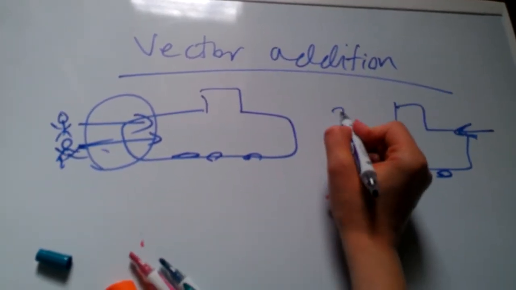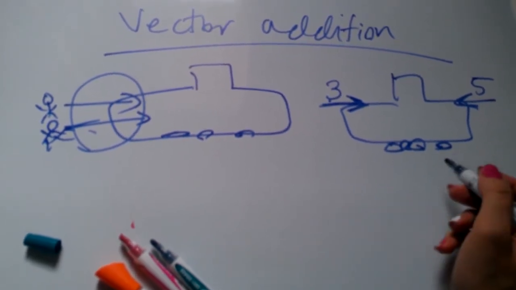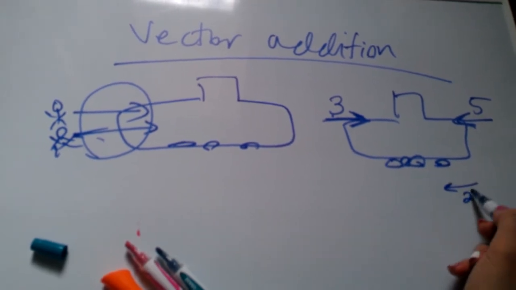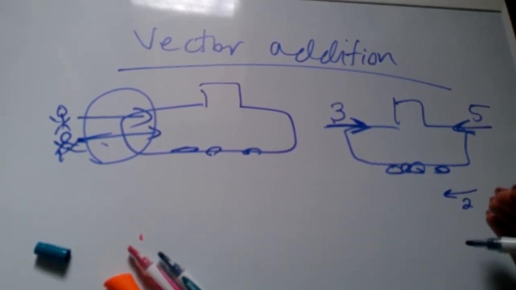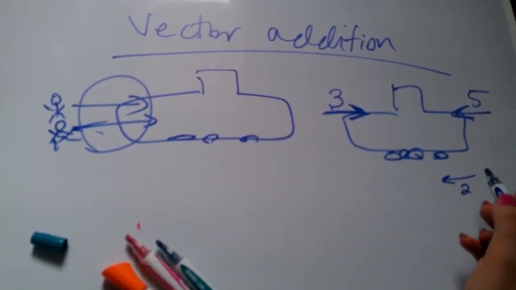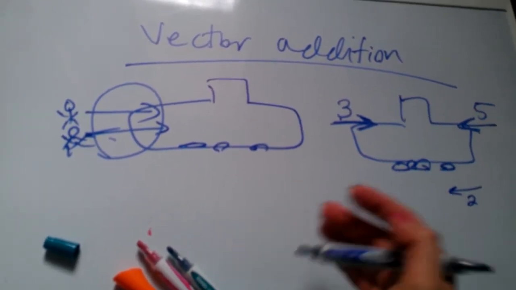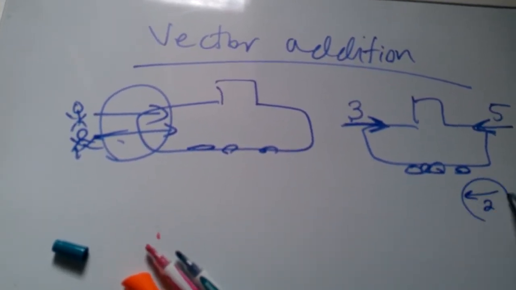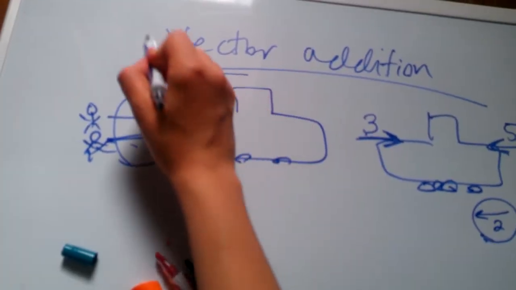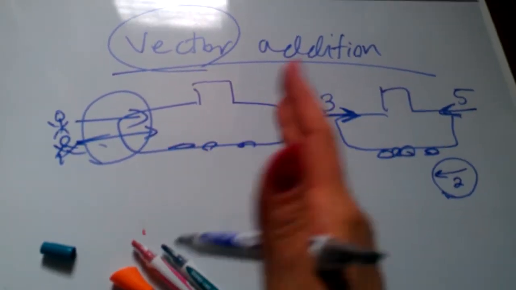For example, if this was 3 and this was 5, by default, common sense wise, we know that the car eventually goes by 2. By amount of force equals 2, so regardless of what the unit for force is, by 2 this way towards the left. So as you can already see, the direction of some quantities that we call vectors actually matters, towards left, towards right, etc.